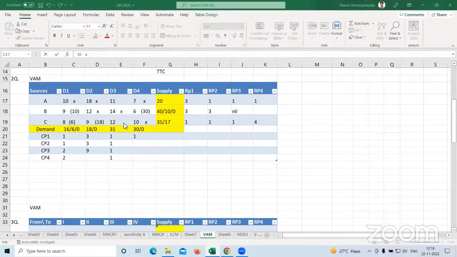Among these two, the least is 11. So to this we need to allocate. How many units are left? 11 into 20. This becomes 0, and this becomes 11. 12 into 11.